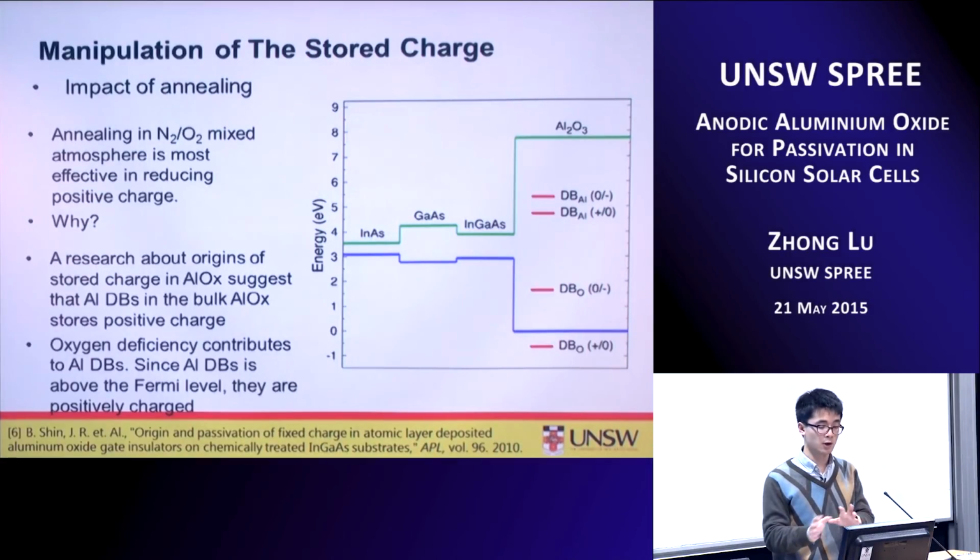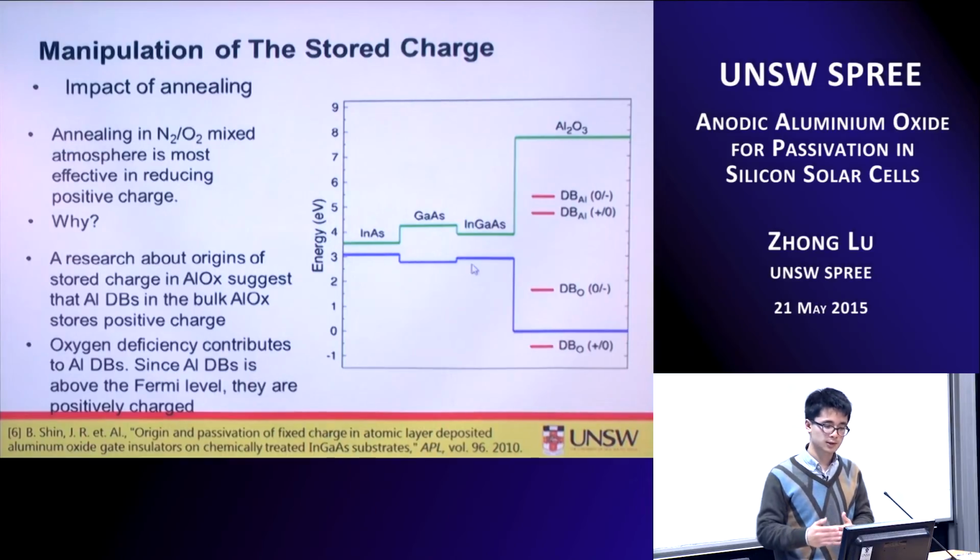And the aluminium dangling bond comes from the oxygen deficiency, which is quite straightforward to think about. When you don't have enough oxygen, you have a lot of aluminium atoms that are not bonded to any oxygen, so they have dangling bonds and they are positive. And it would be similar in my case.